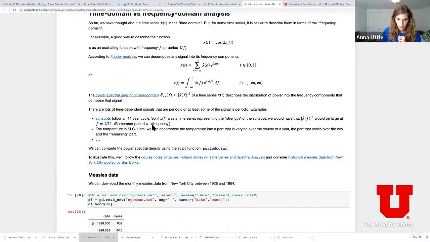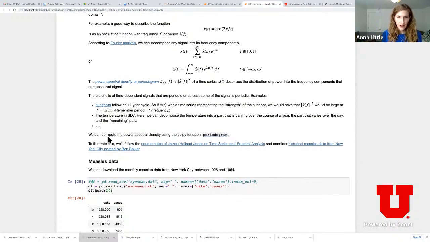Remember, the period is 1 over the frequency. Or you can think about temperature. Temperature is very natural, and it's interesting because you have different kinds of fluctuations. You have yearly fluctuations from the seasons, but you also have daily fluctuations. And so that's a good example of where it's good to represent your overall temperature as the sum of two different frequencies, one that's your yearly frequency, and one that's your daily frequency. So a signal can have multiple frequencies that come into play.